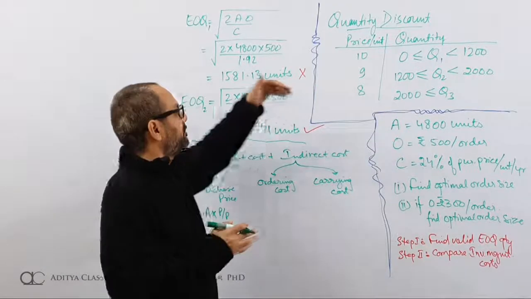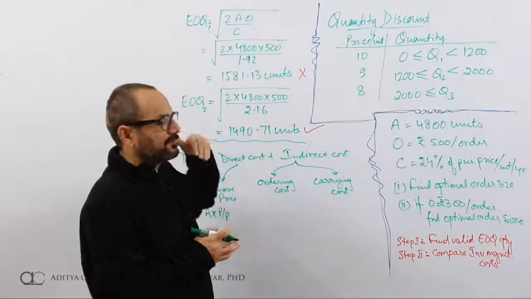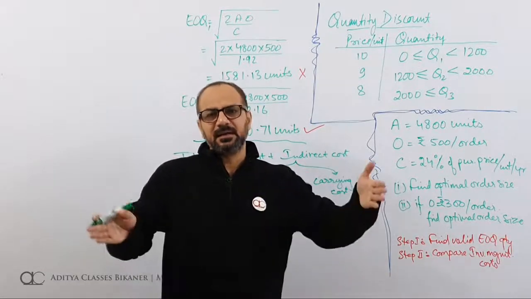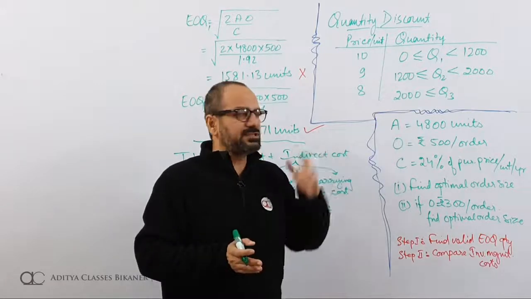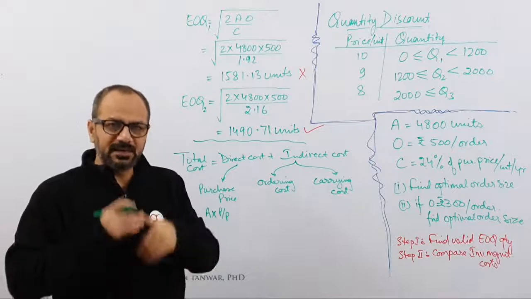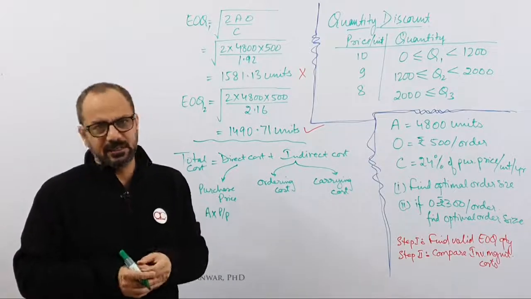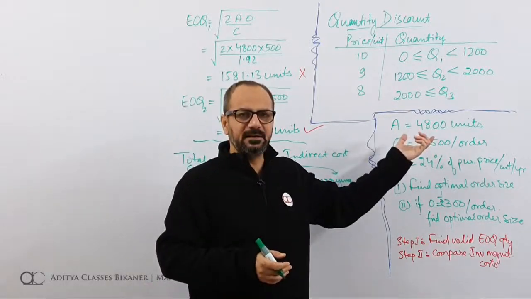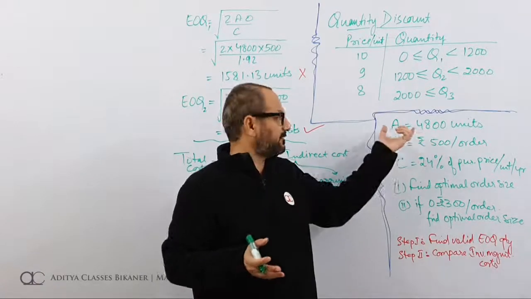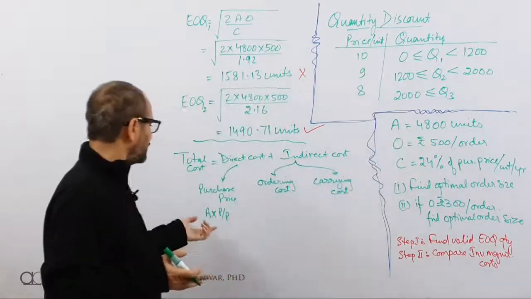They may be in lots of 1581, they may be in lots of 1490, they may be in lots of 1000, they may be in lots of 200, but ultimately in the complete year I need to purchase 4800 units. I need to buy 4800 units so that I can sell 4800 units. The annual demand is expected to be 4800 units, so I need to arrange for those in whatever lot sizes, but definitely I need to arrange for these 4800 units.